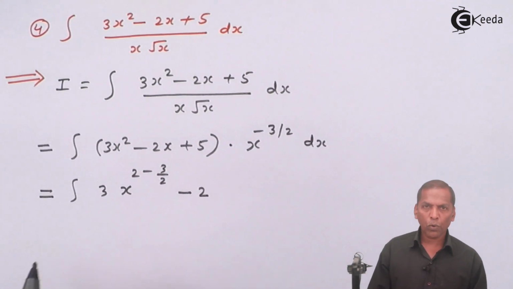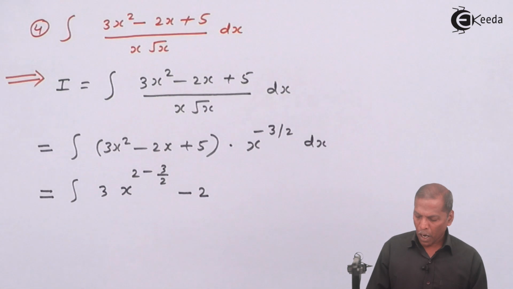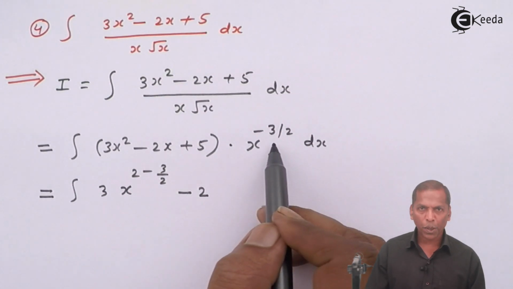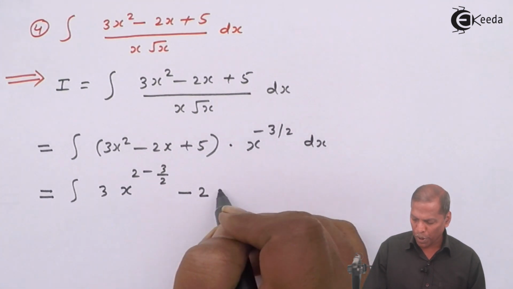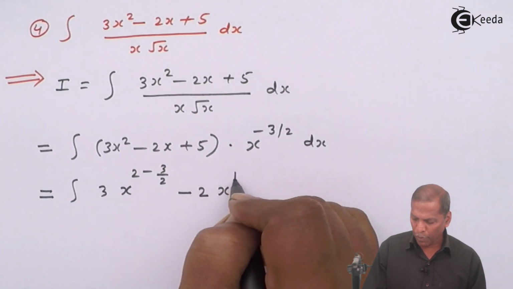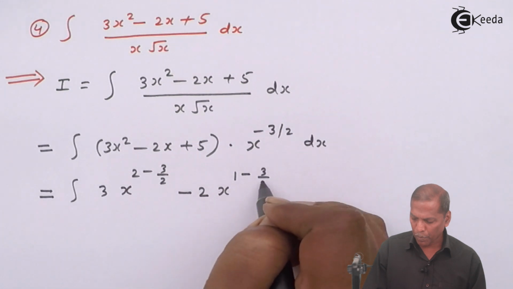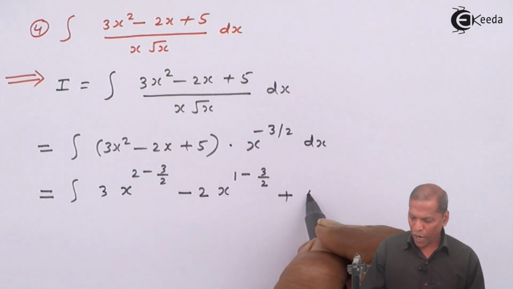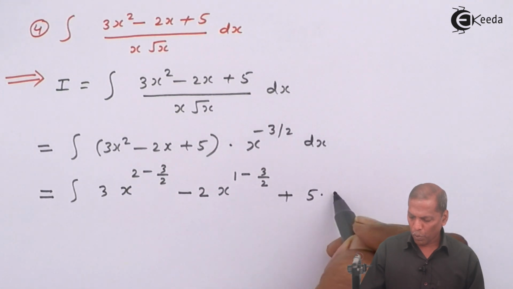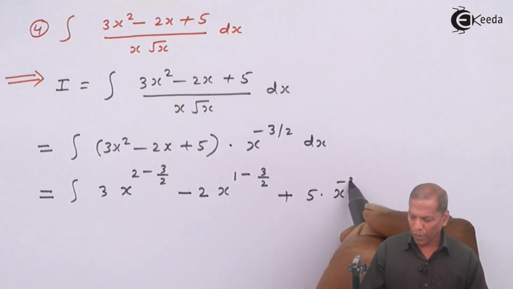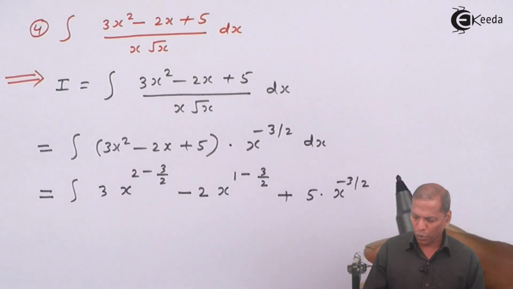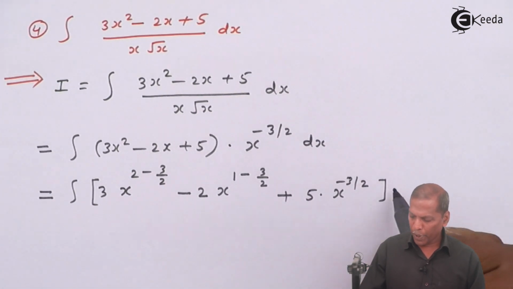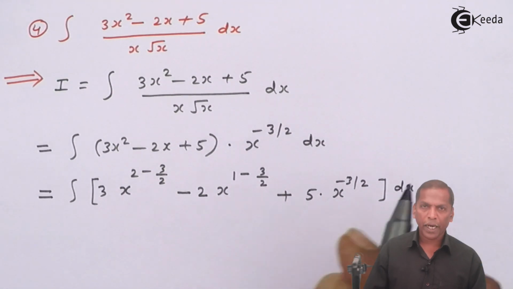Then minus 2 we write as it is, x raised 1 into x raised minus 3 by 2, so that gives us x raised 1 minus 3 by 2. Then plus 5 into x raised minus 3 by 2, whole bracket complete, into dx.